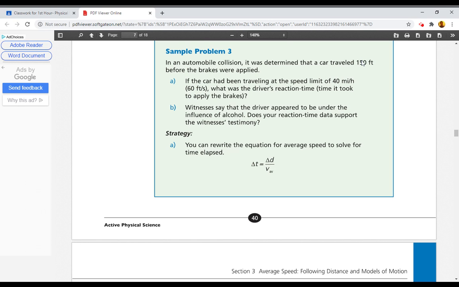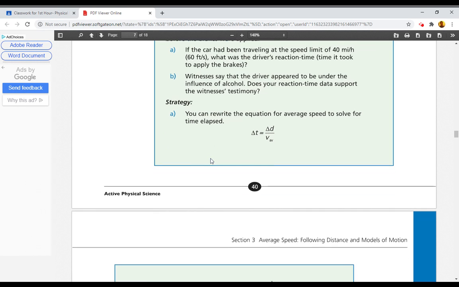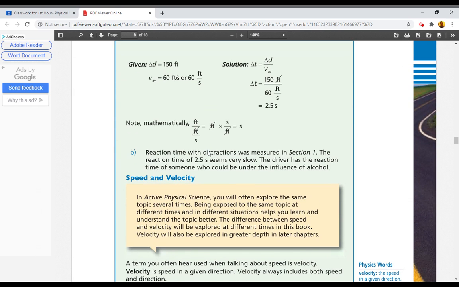So the distance is 150 feet. The speed is 60 feet per second. So it's 150 divided by 60. Let's see, did they say that down here? Okay. So they did 150 divided by 60. They got 2.5 seconds. All right. Reaction time, let me scroll down.